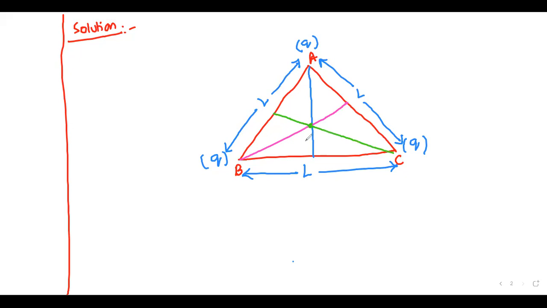The point of intersection of all the medians we call the centroid. So at the centroid, I'll keep a charge capital Q such that this charge must be opposite to the sign of all the charges.